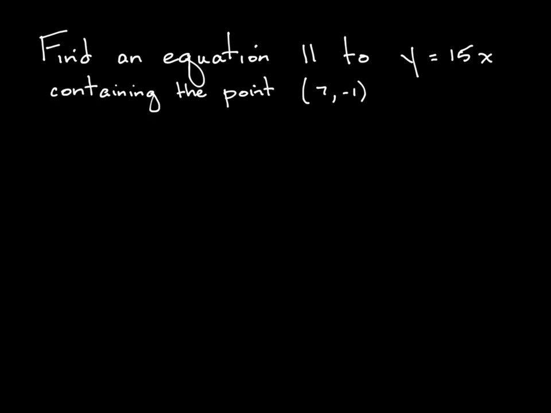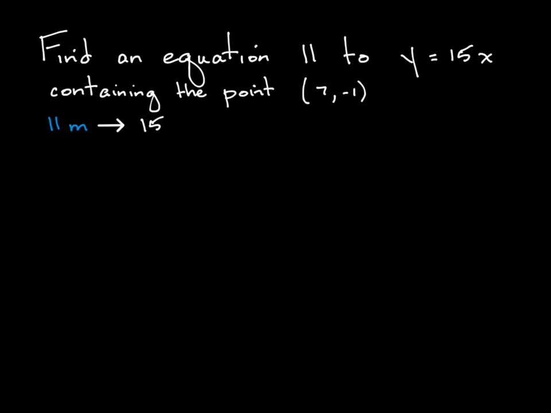So the first thing we always need when we try to find an equation for a line is to find the slope. I know if I look at the original equation, y equals 15x, that the slope there is 15. Since I'm finding an equation that's parallel, I need a slope of 15.